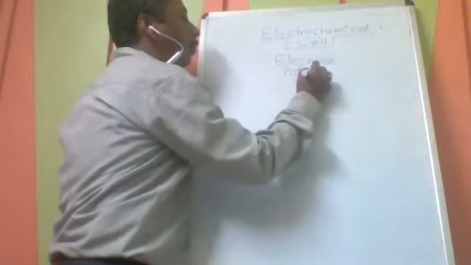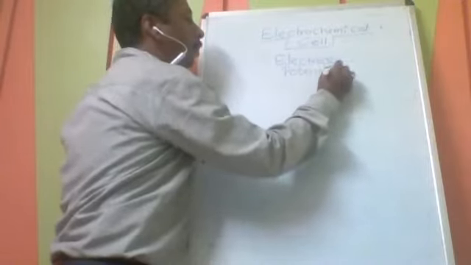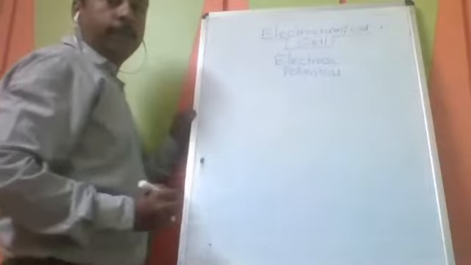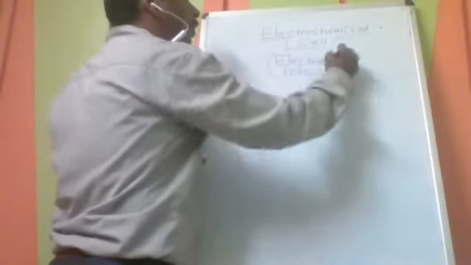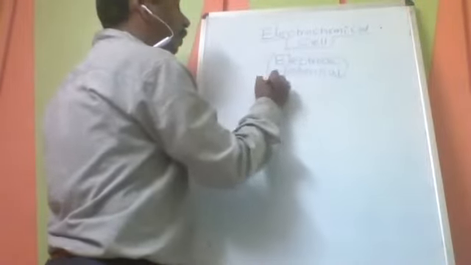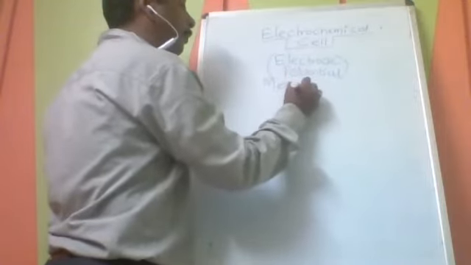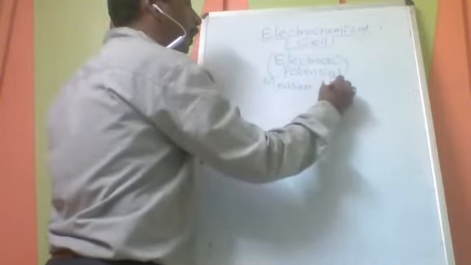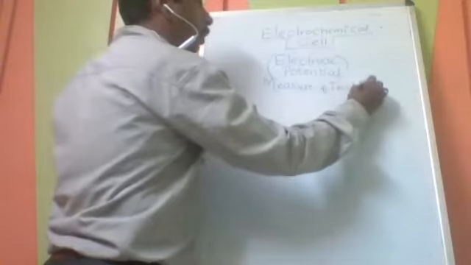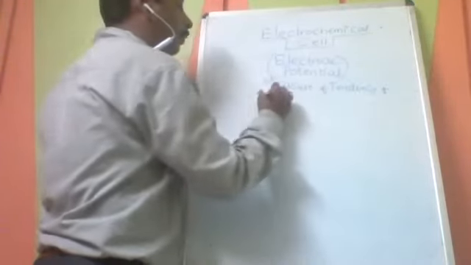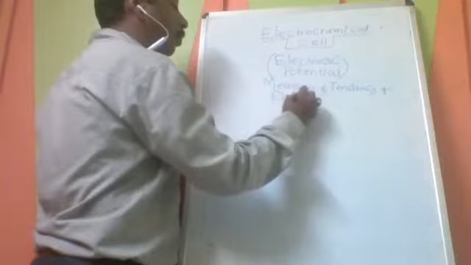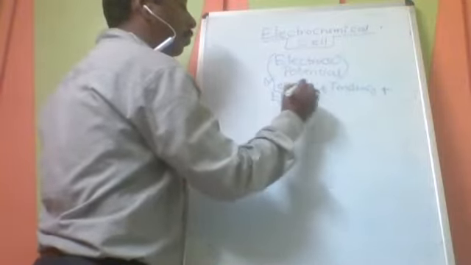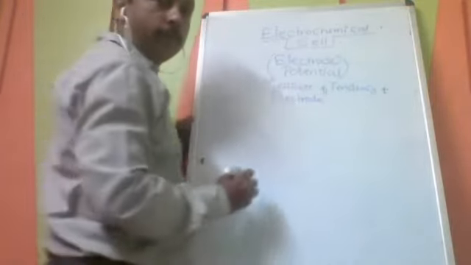Electrode potential is a physical quantity. What does it measure? It is a measure of the tendency of an electrode. An electrode does two types of jobs. What are those two types?